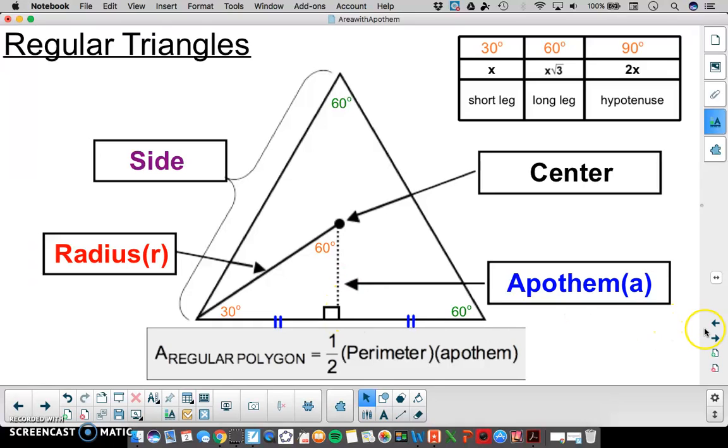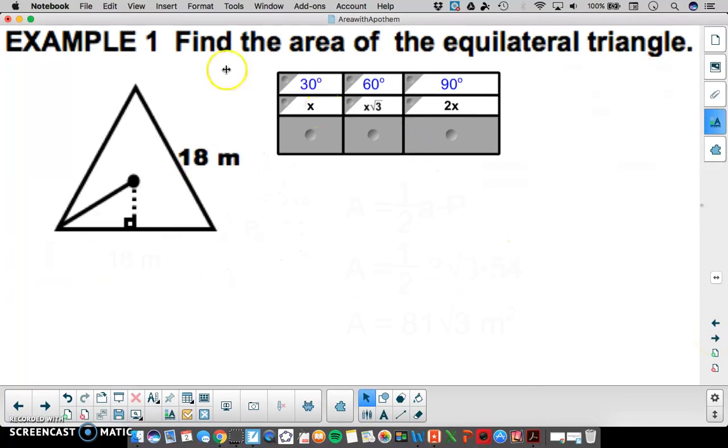So let's take a look at an equilateral triangle example. We want to find the area of this equilateral triangle. If we know it's equilateral, we know all the sides are the same, and we were given that one of the sides is 18. So we know all of the sides are 18.